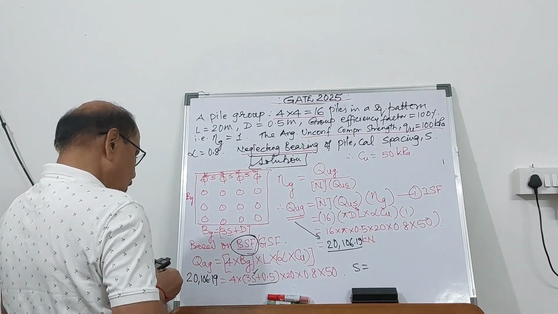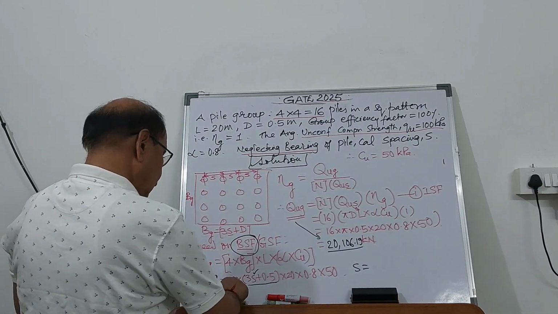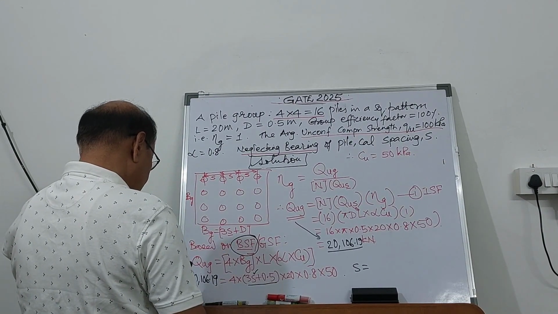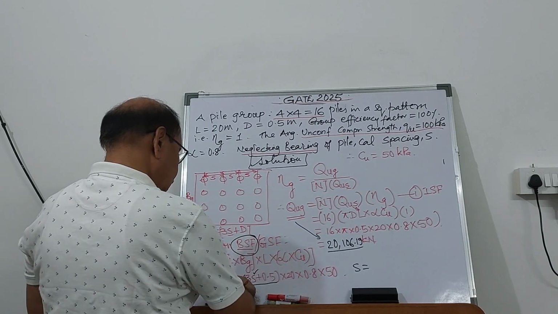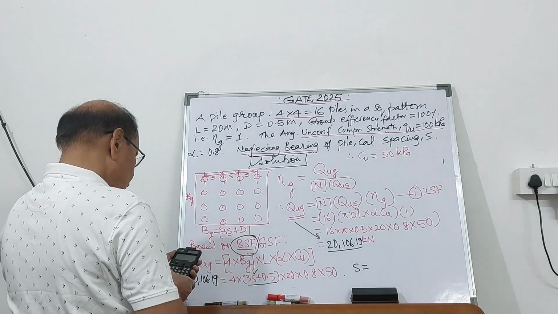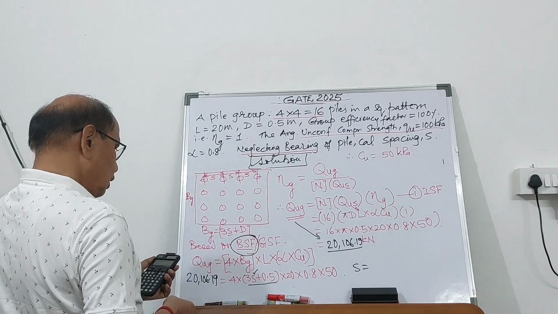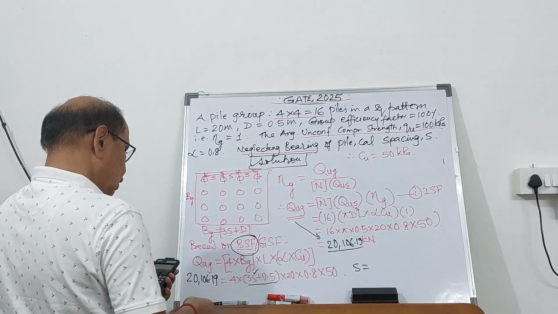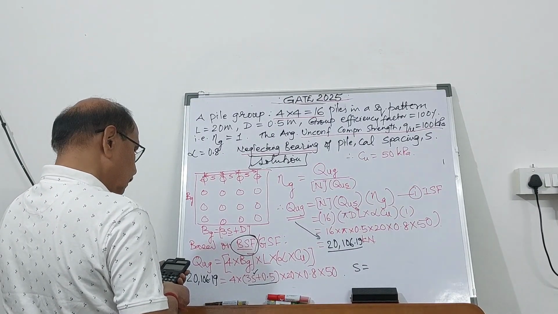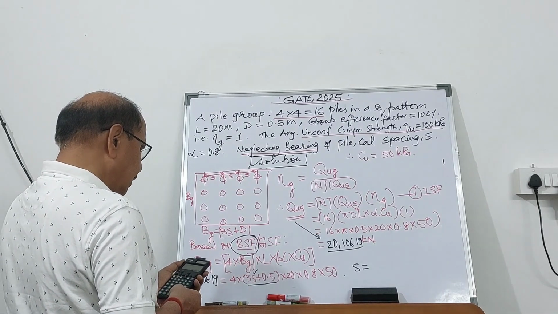So, divided by 80 times 40. So, minus, so I am getting 3S plus 0.5 equal to 6.283.